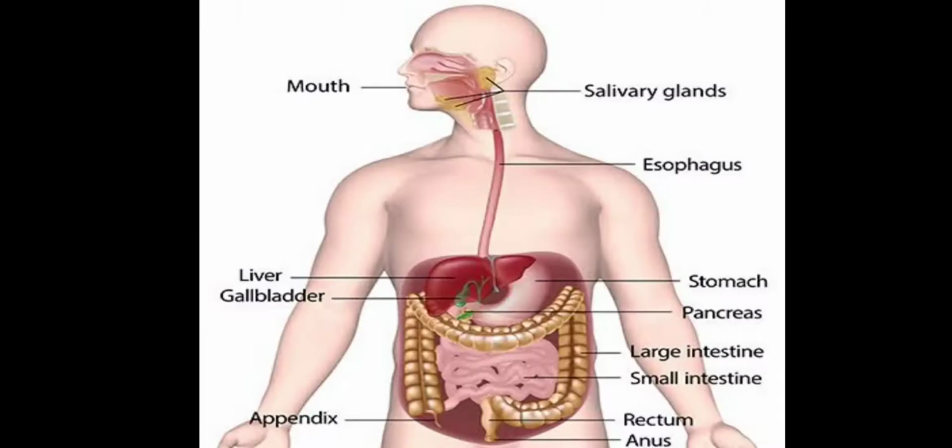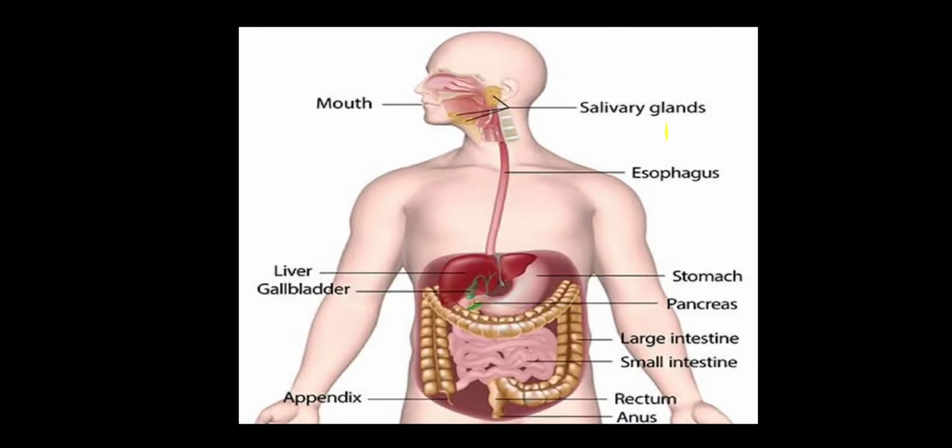It is called the alimentary canal. It is about 9 meters long. This you can see, the alimentary canal. It is made up of a number of internal organs.